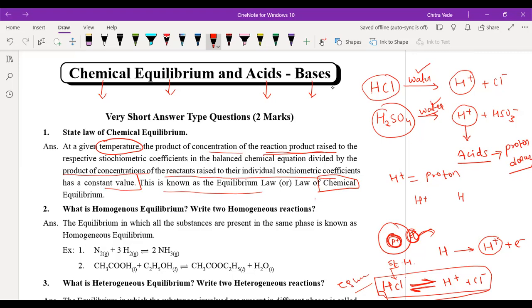Okay. So what is homogeneous equilibrium? See, what is the meaning of homogeneous? Something like similar. Suppose I am taking a glass of water here, with that much water.